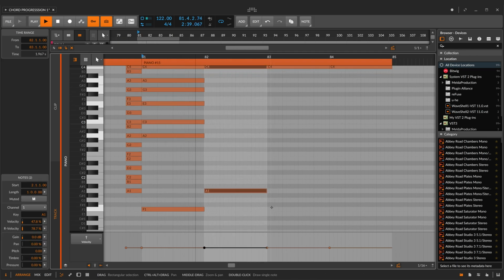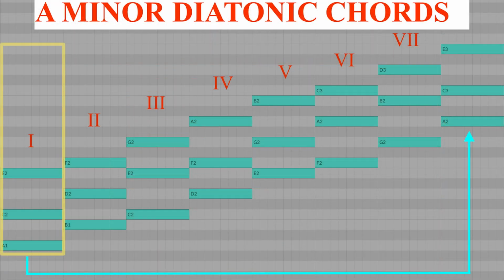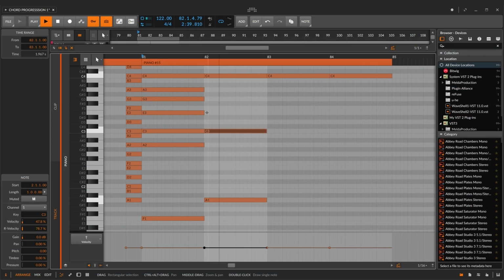Okay, let's carry on. This is A minor chord, and as you can see it is the 1st chord. And let's add tensions.